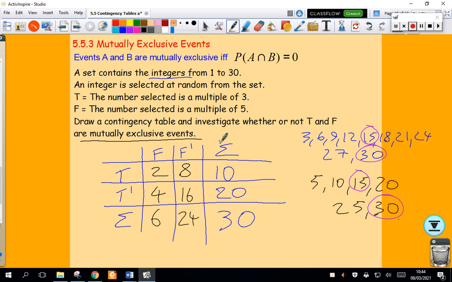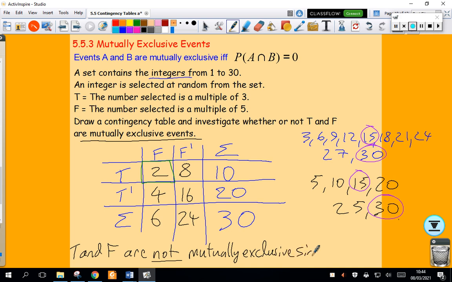And to do that, I just have to think about this. Can a number be both a multiple of 3 and a multiple of 5? If it can, then they are not mutually exclusive. So I'm going to say T and F are not mutually exclusive, and I'm going to give a reason.